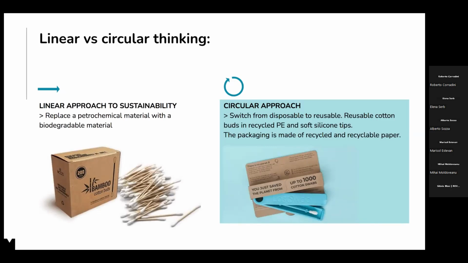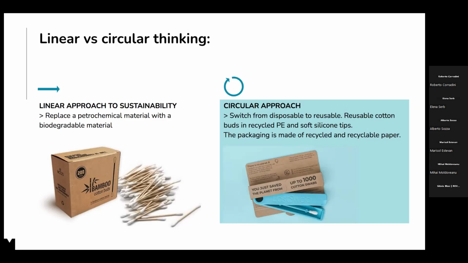So a linear sustainable approach would be that of replacing those cotton buds with another material. So bamboo, cotton, natural materials that would biodegrade or would be less impactful than plastic, etc.